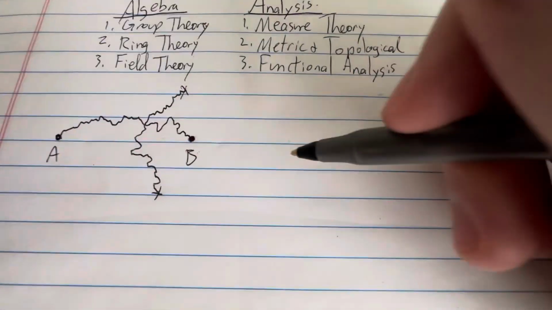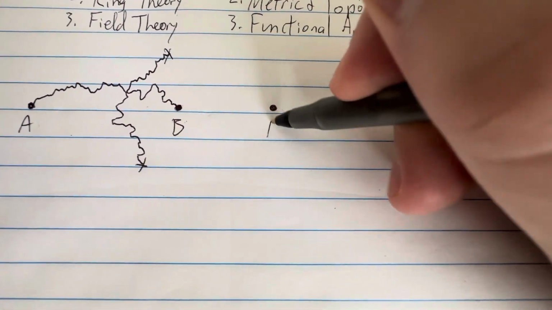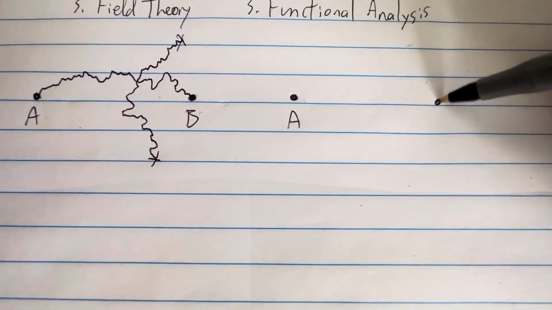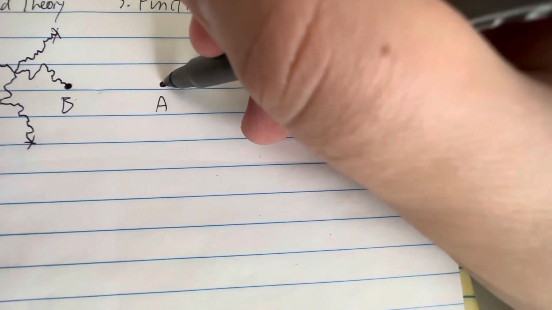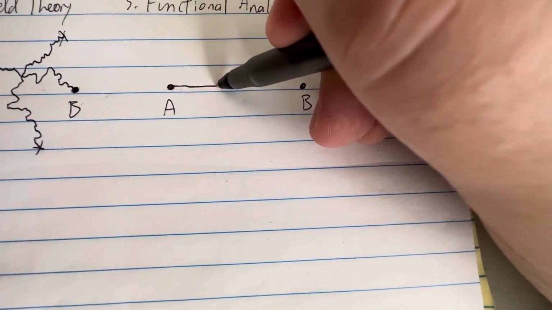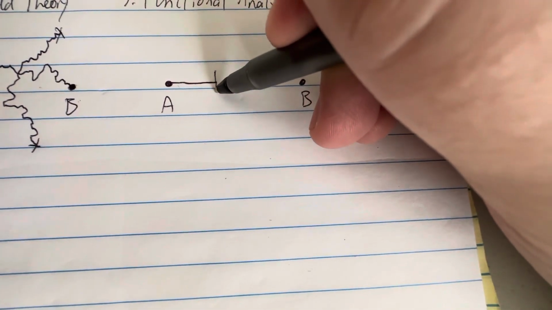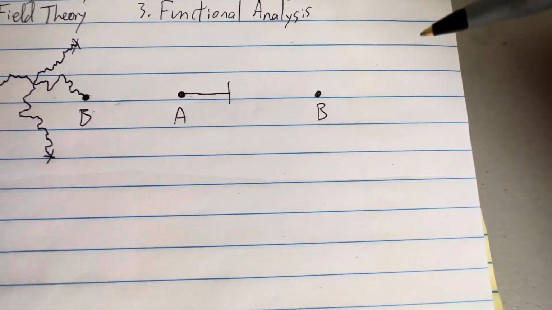In analysis, it's a little bit different story, and it's probably the reason why I struggled with analysis more than algebra. In analysis, there's a very clear path that you need to take, but then you get stuck, and you need to figure out how to unstick yourself.